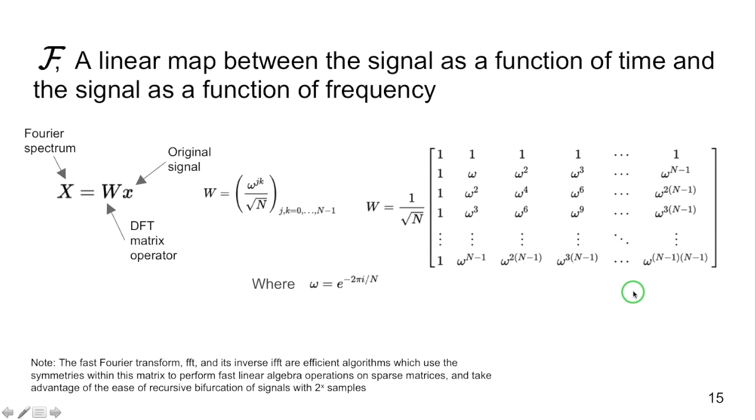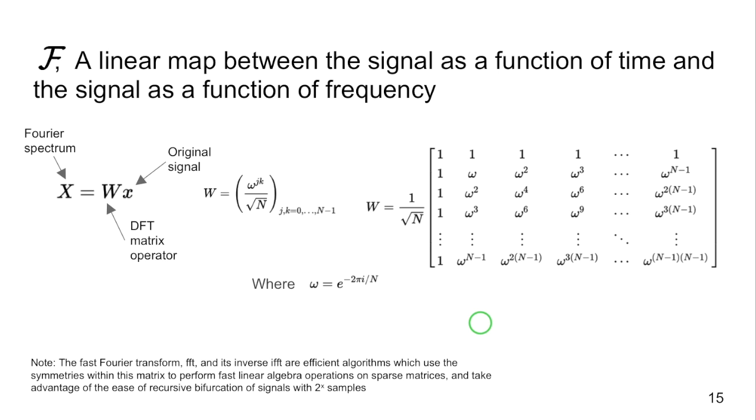Now, you've probably heard of FFT, or fast Fourier transform. This is how a computer actually computes the Fourier transform. And when it runs its inverse, it does the IFFT. The way that fast Fourier transform works in concept is to take advantage of the symmetries in this matrix to perform very fast operations on only parts of the matrix at a time.